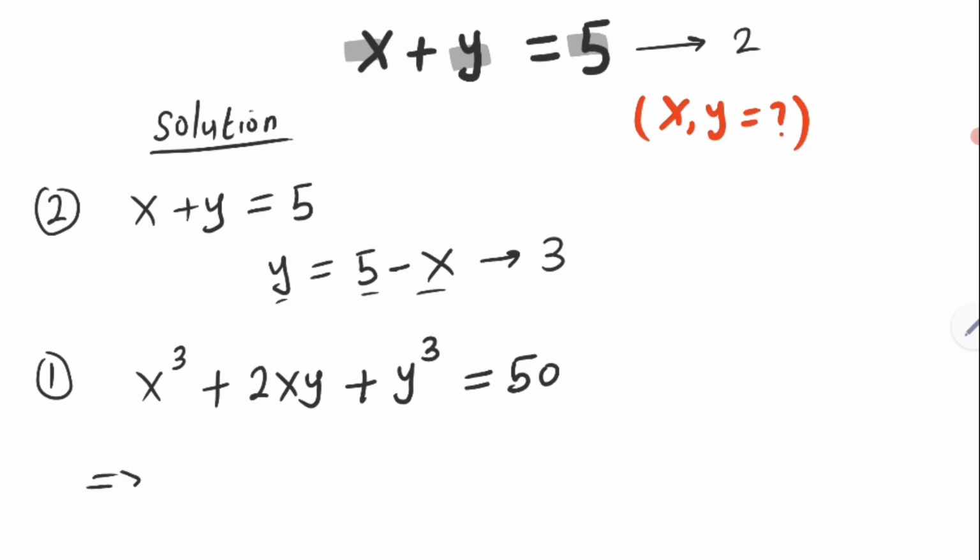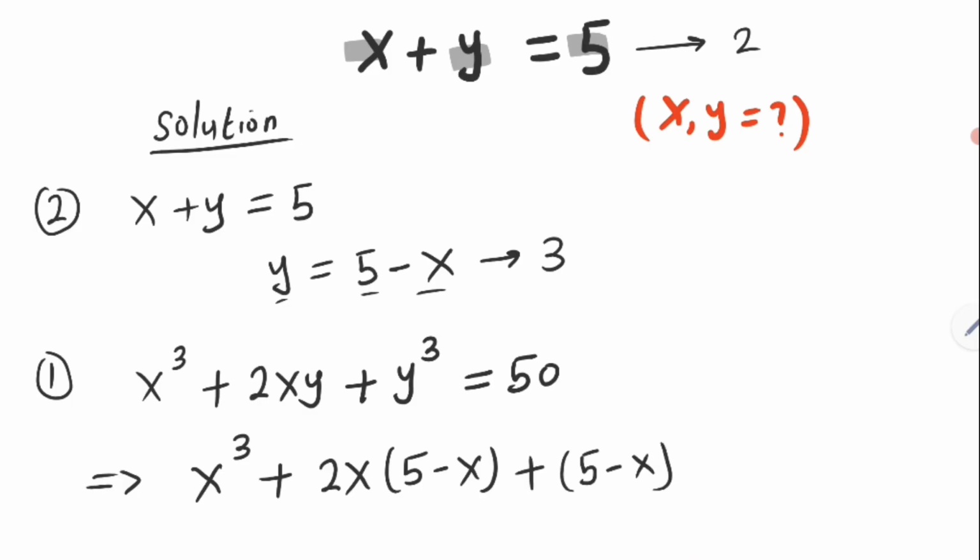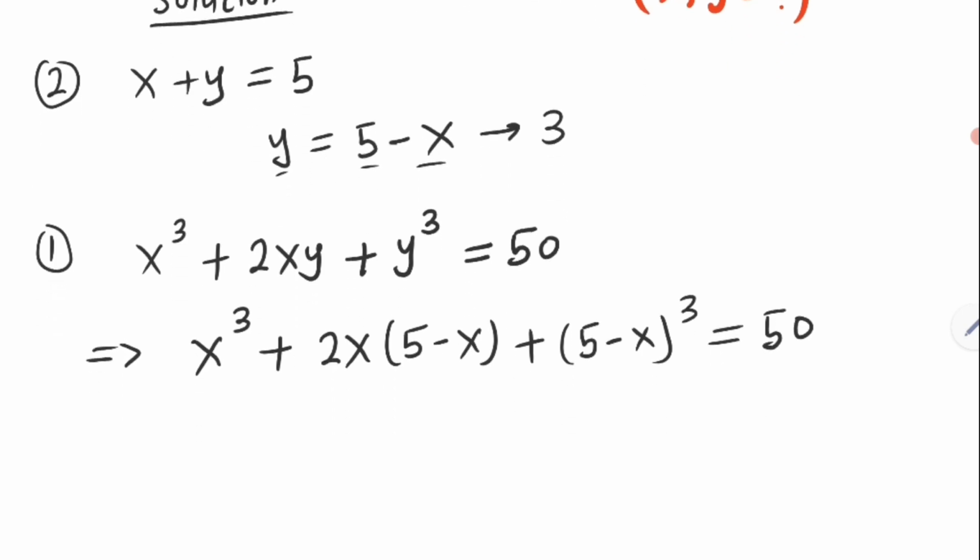That is x raised to power 3 plus 2x bracket y is 5 minus x plus y raised to power 3 is 5 minus x raised to power 3 is equal to 50. Now let us expand this first.